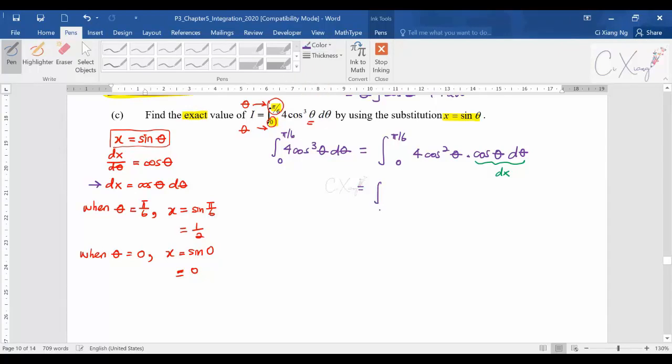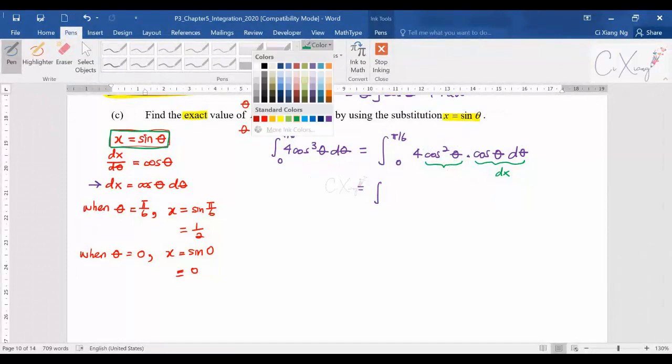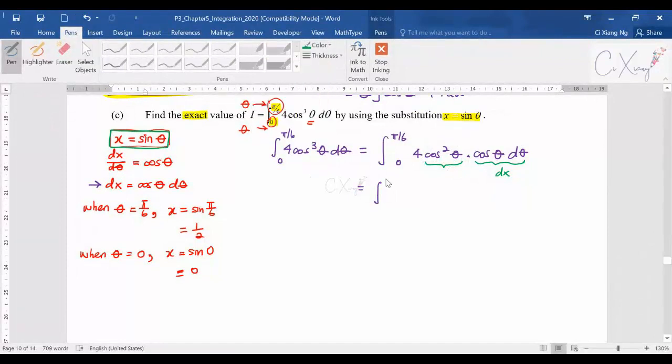Okay, then now the next one. If you look at the cos square theta here, and you compare it with the substitution that it gives us just now, to replace the theta with x, you must have sine theta, but too bad I'm having cos square theta here. So I will try to replace it so that I will have an equation in terms of sine theta.